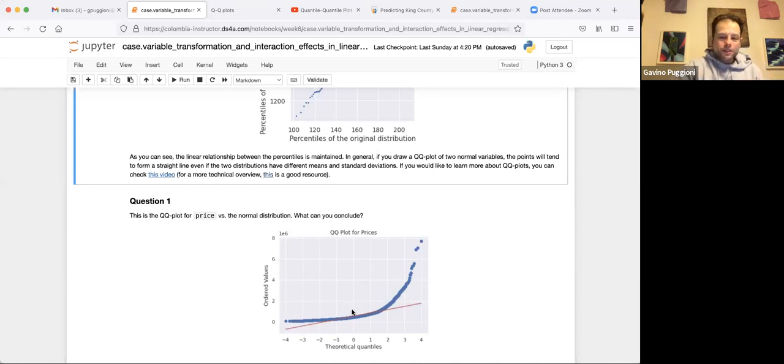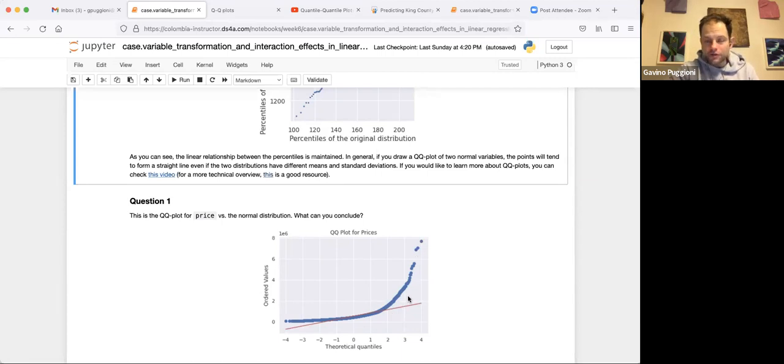So what are we seeing here? We are seeing that there are no negative values. Notice that the points are pretty much here, very close to 0. So they don't go below 0, while the normal distribution does. Plus, there are way more prices that are larger than expected compared to a normal.